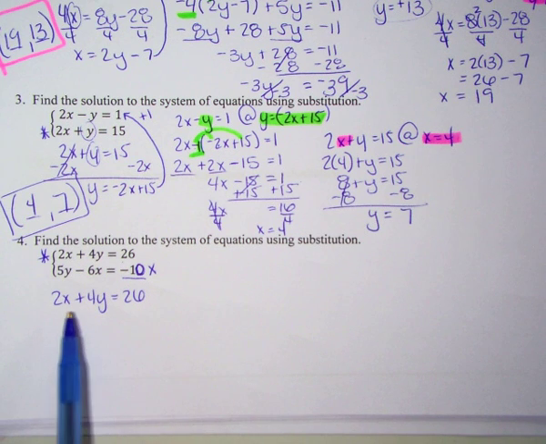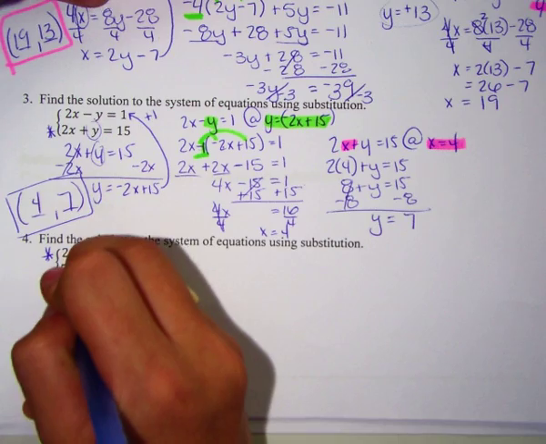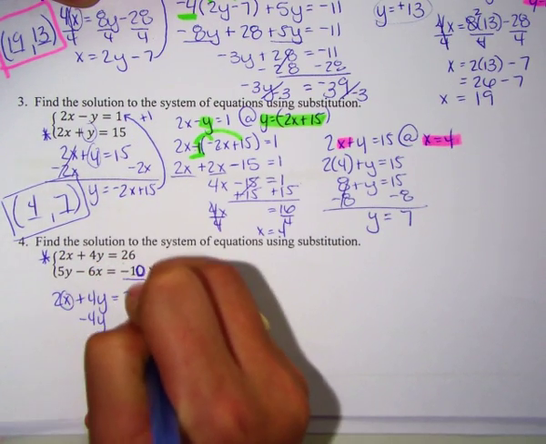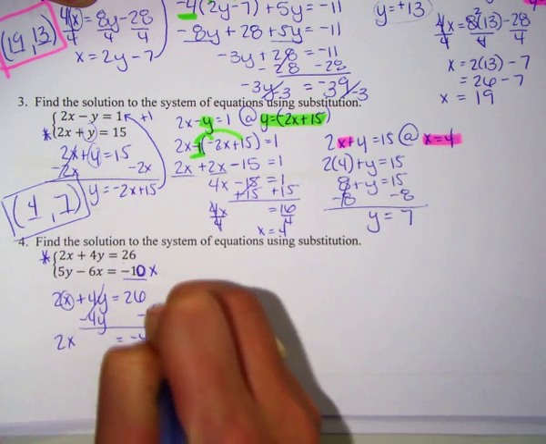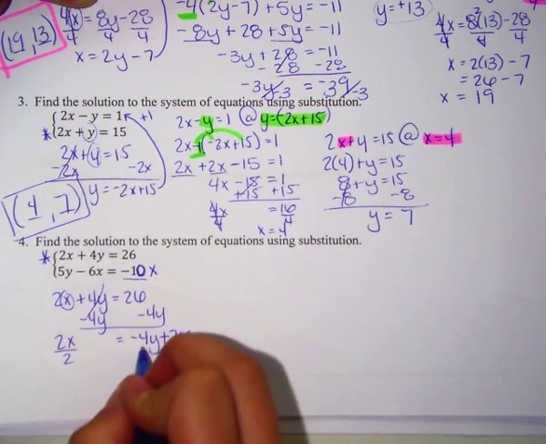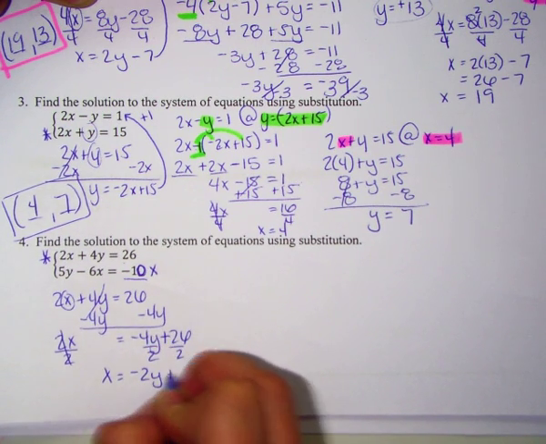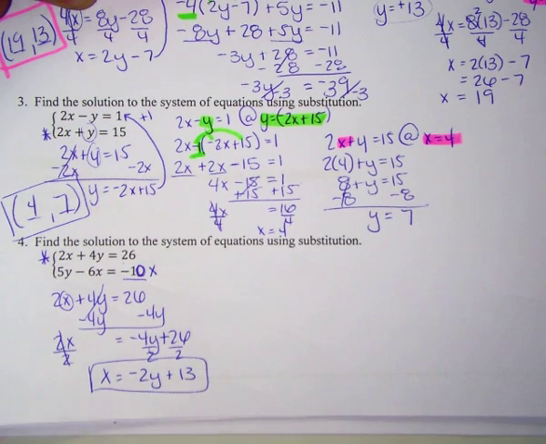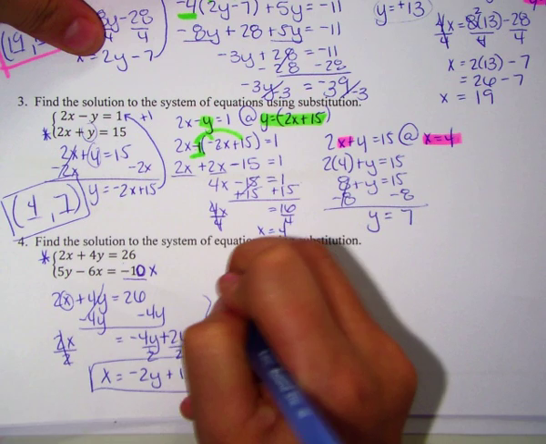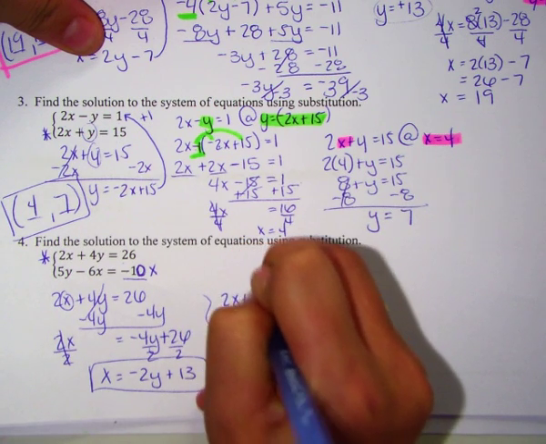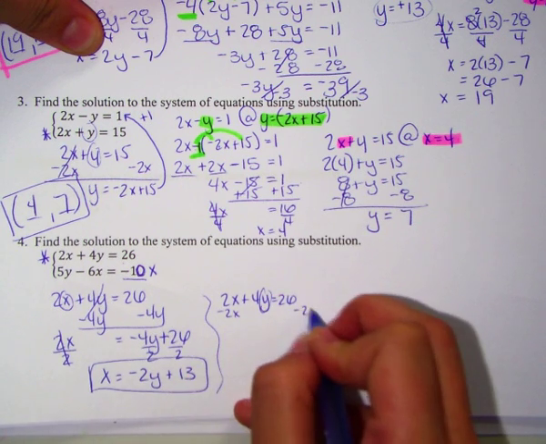Now what do I isolate, the x or the y? Well, if I were to isolate the x, I would subtract 4y on both sides, and then divide by 2, which gives me x equals negative 2y plus 13. This looks awesome. I can work with that. If instead I had divided everything by 4, I first would have subtracted 2x from both sides.